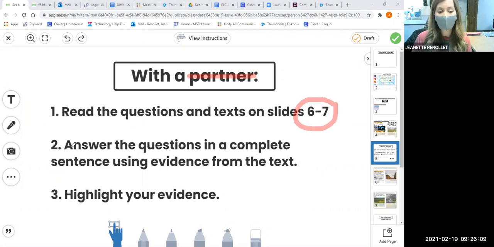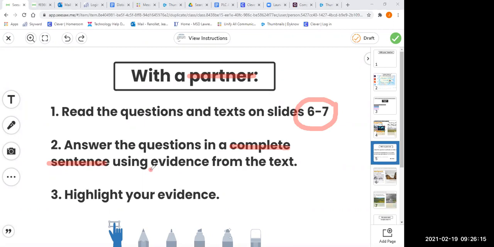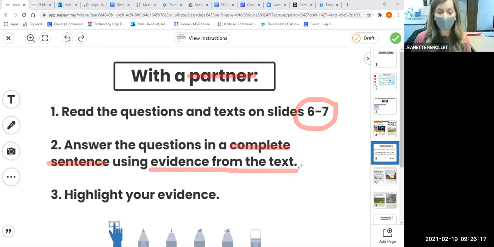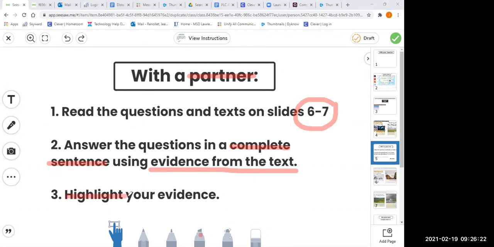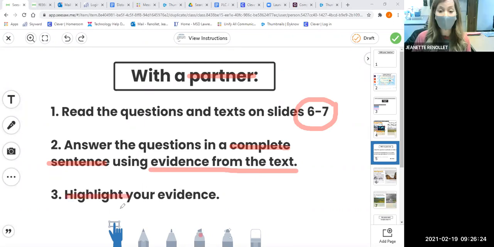You're going to answer the questions in a complete sentence using evidence from the text. Don't forget to highlight your evidence in the text.